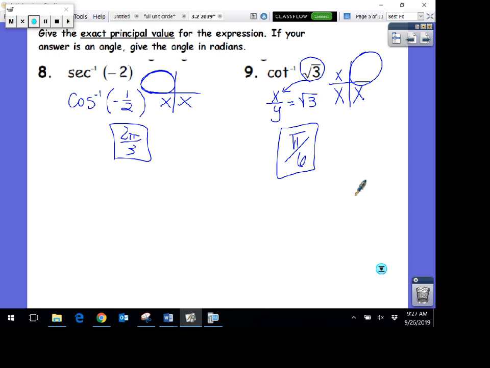Do not ever write two answers. The most common mistake is when it's 0 and 2π, you think those are the same. They're not the same. They're coterminal. Same, not equal. We have restrictions. 2π would never be an answer. We can't go into or through quadrant 3, so 2π is not even a possibility at all when we're finding principal values.